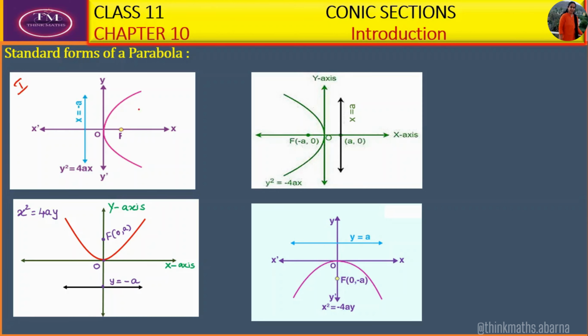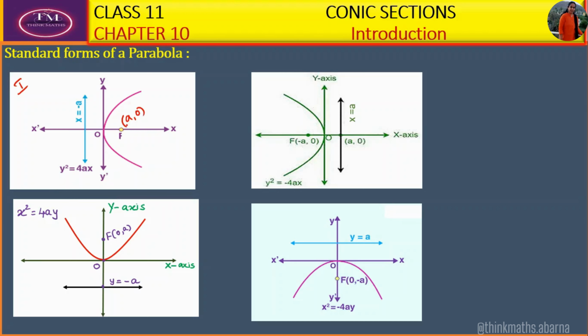In this first form, you can have the parabola mouth open in the positive side of the x-axis. Now we have the focus here. The directrix is at x is equal to minus a, that is the negative side. The parabola is in the positive side of the x-axis. This focus will be at a comma 0.